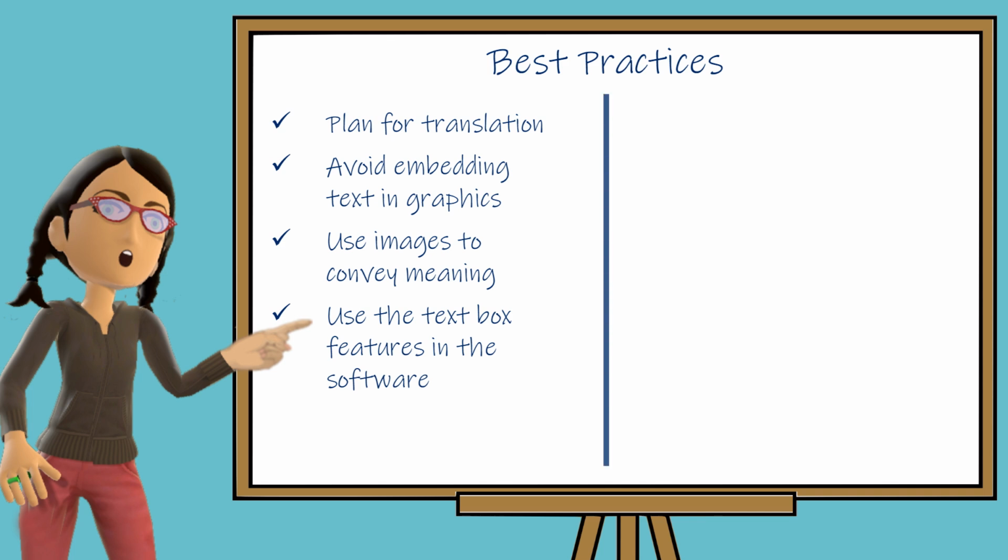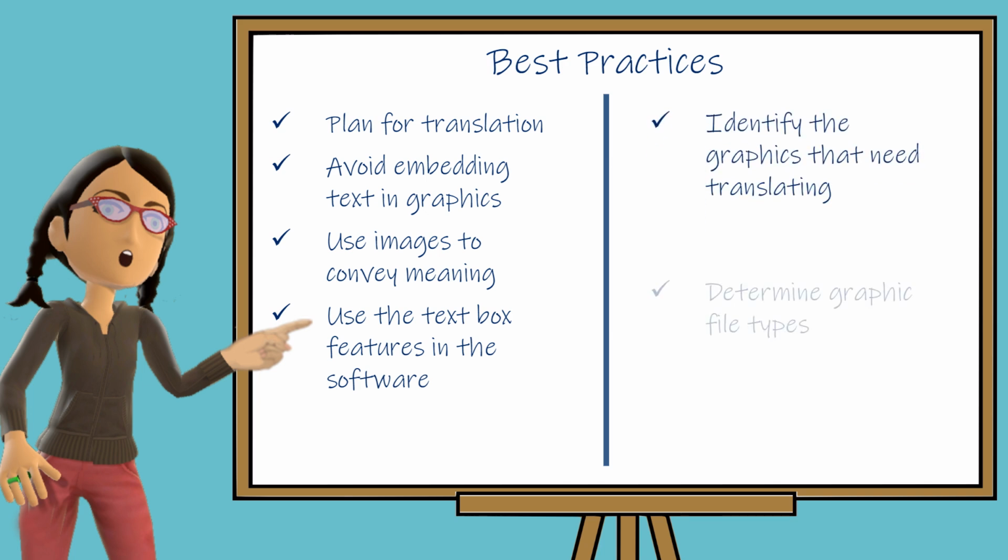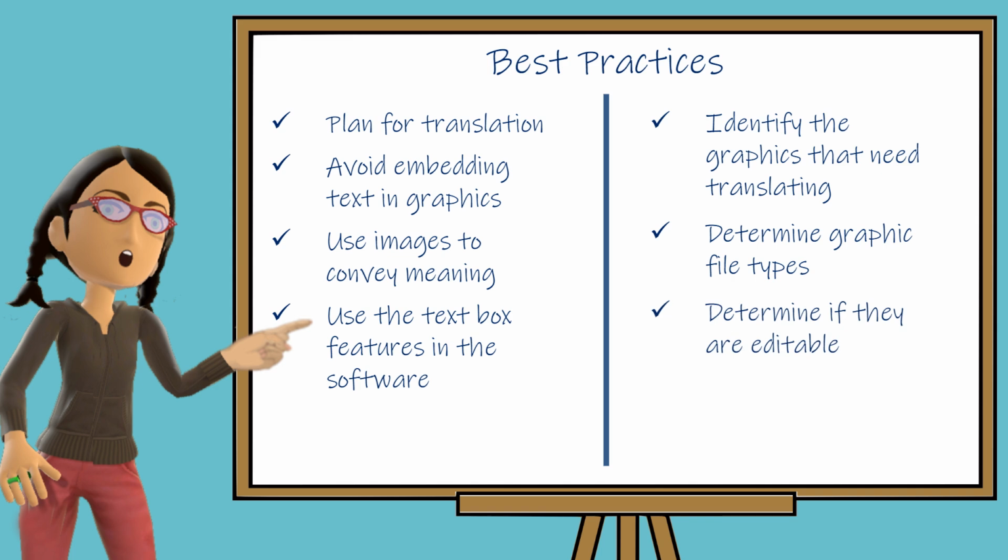If the graphics already exist, identify all the graphics and text that needs to be translated. Determine the file types for the graphics and if they are editable. And finally, determine who will add the translations to these files and replace them in the software.